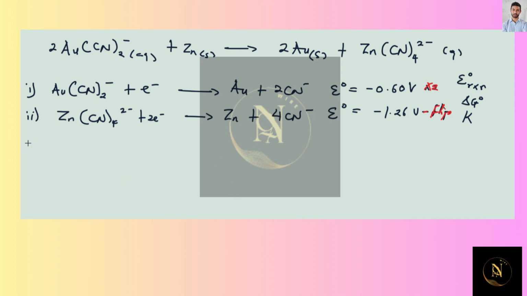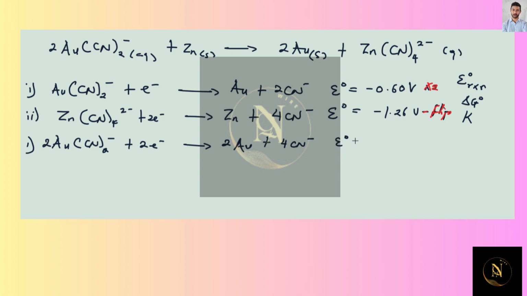So we're going to have 2 Au(CN)2 minus plus 2 electrons to produce 2 Au plus 4CN minus.